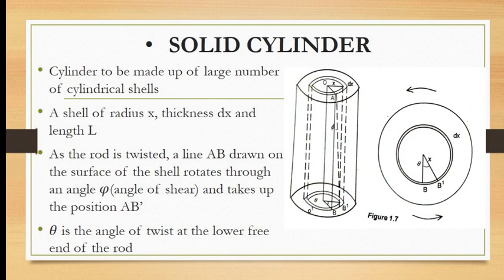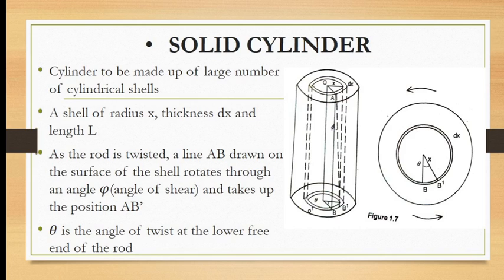Now you can write two equations for this. We know that angle is equal to arc by radius, isn't it? So let's consider phi. The angle phi is equal to arc by radius. Here arc is BB dash and radius is the length of the cylinder capital L. So phi is equal to BB dash divided by L. Now again you can apply the equation, angle is equal to arc by radius, in the case of theta also.